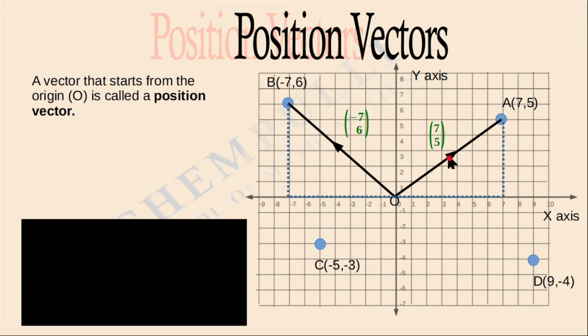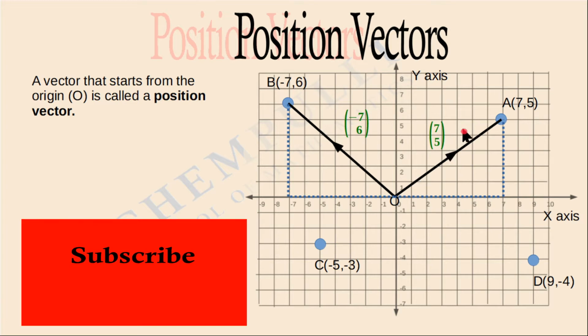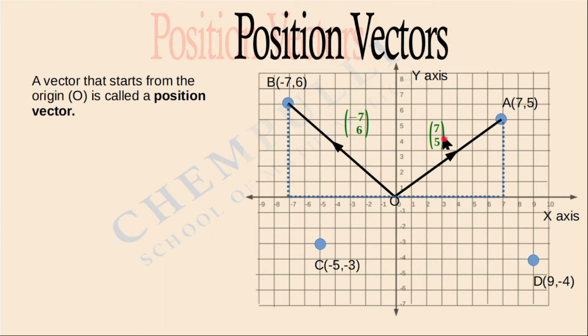Okay, now you can check these two parts. This vector is (7, 5). What is this point A? Point A is (7, 5). Is there any relationship between the point and the column vector? You can check this one. The point is (7, 5), and the column vector is also (7, 5). The same thing.